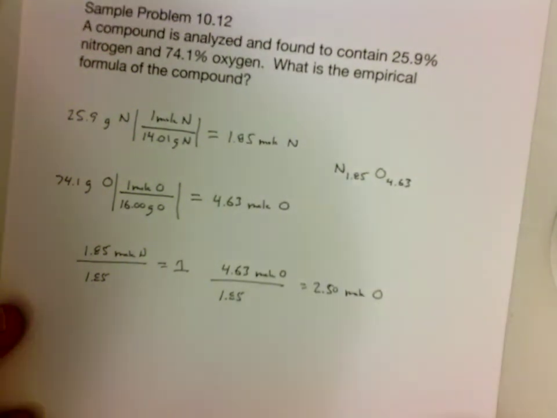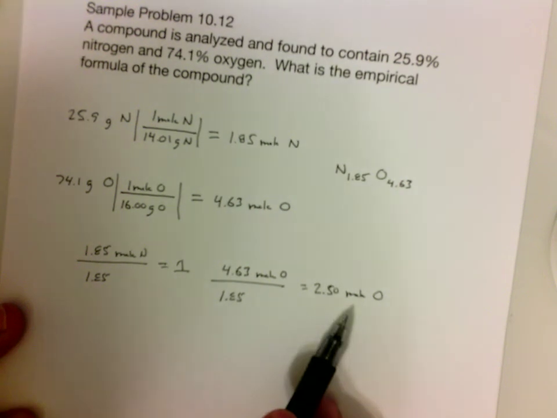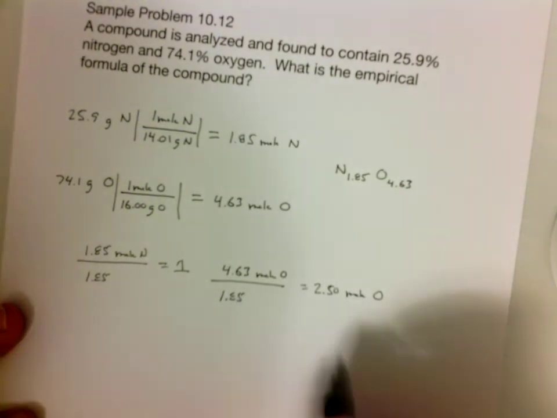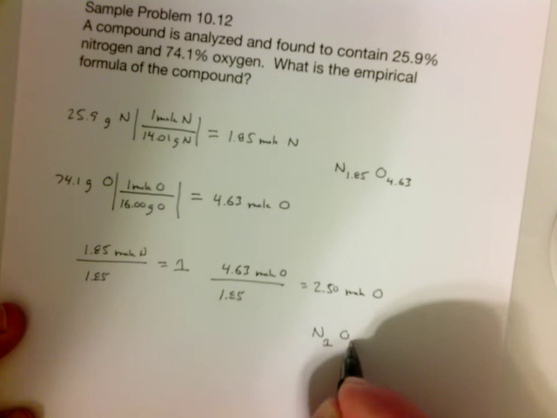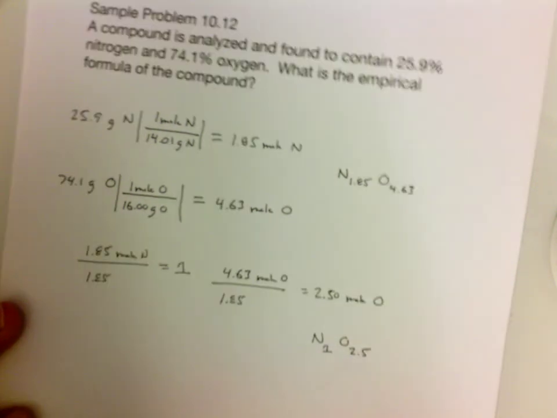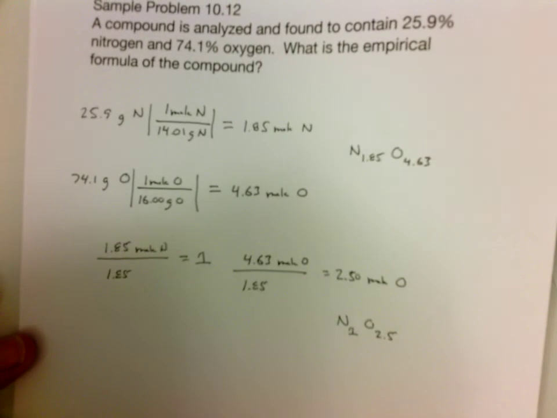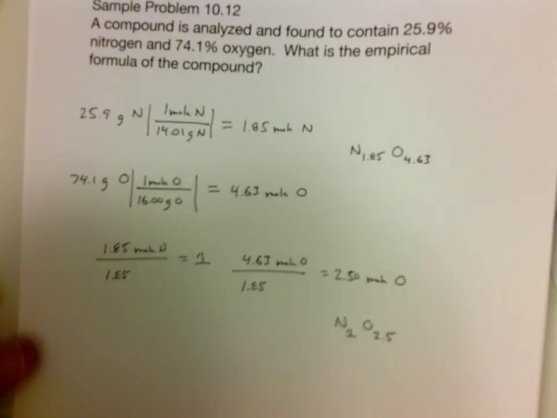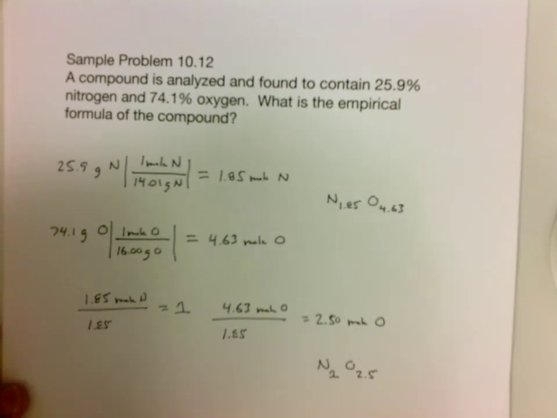So now with our 1 mole of N and 2.50 moles of O, you would think we'd be inclined to write a formula that looks like N sub 1, O sub 2.5. But yet again, that never works because we never put non-whole numbers in our formula.